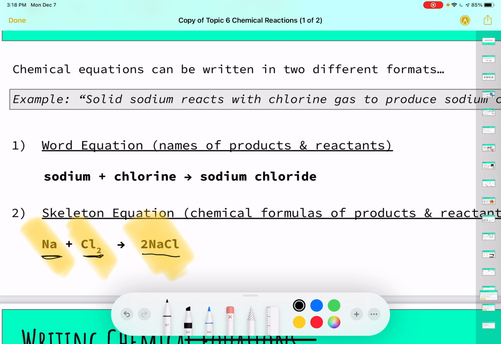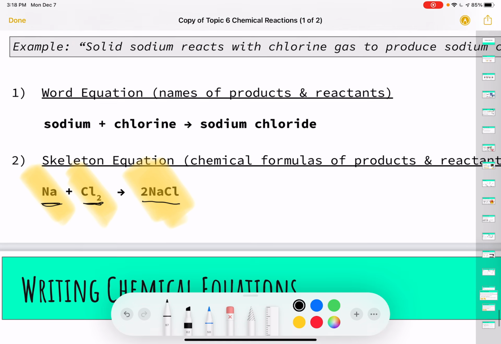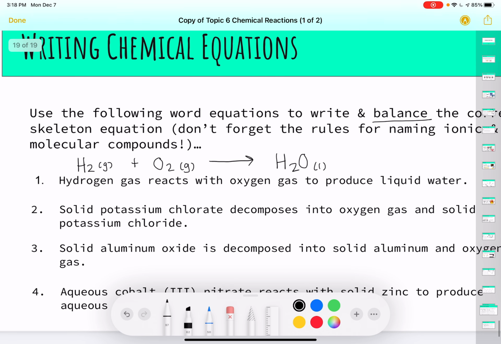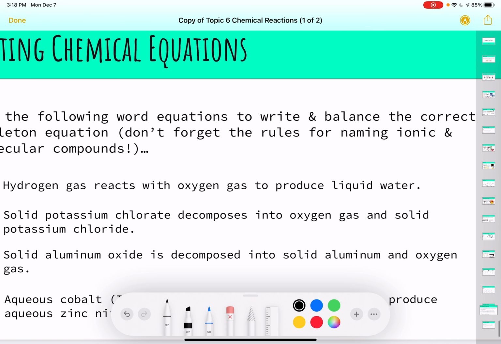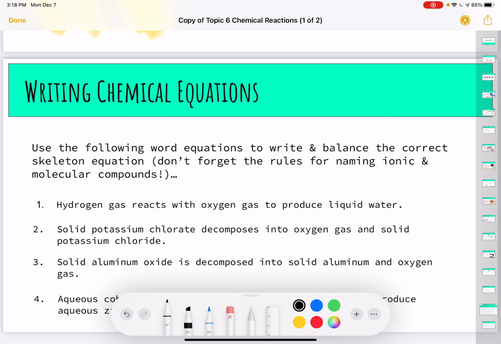All right, so that is something that we can do. And we're going to practice that by doing some of these. I did this earlier and I forgot to record it properly, so I'm redoing it. We use the following word equations to write and balance the correct skeleton equation. Don't forget the rules for naming ionic and molecular.